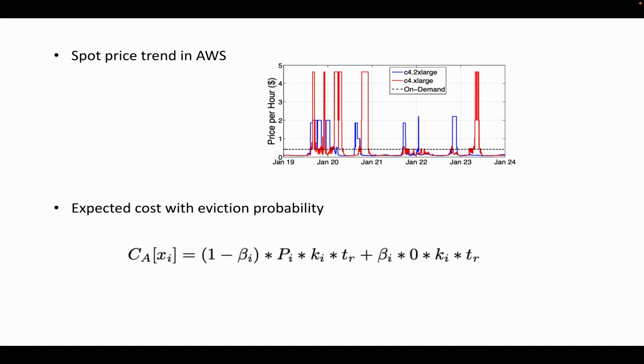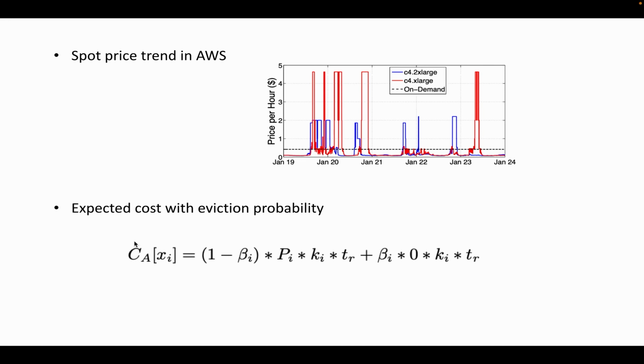So your algorithm has to make decisions so that you evict your resources just before the billing hour. That is how you use the spot price trend in AWS, and BitBrain takes advantage of that loophole. BitBrain calculates expected cost with eviction probability.